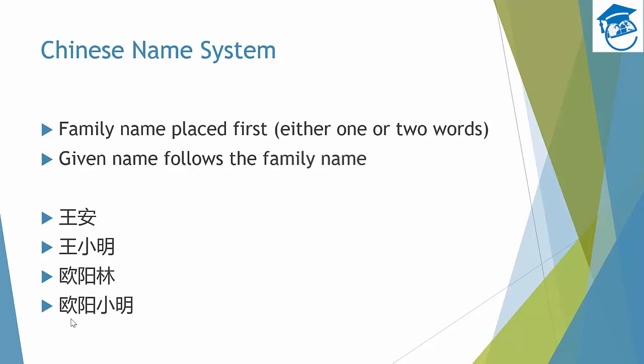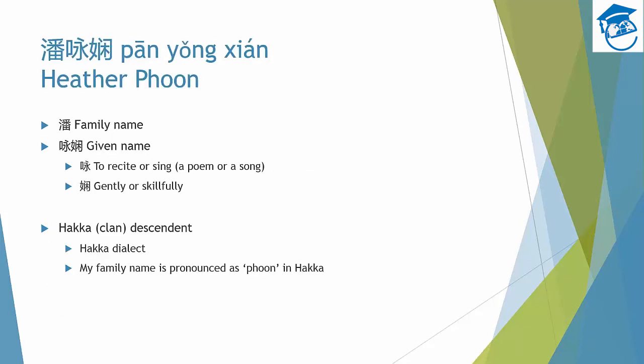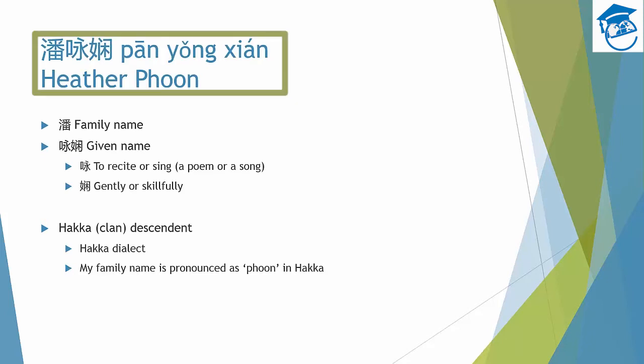So this is my Chinese name. My Chinese name is Pan Yongxian, and I gave myself an English name, Heather Poon. Pan is my family name, and it is quite often used in translation.